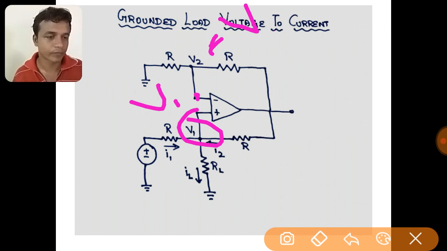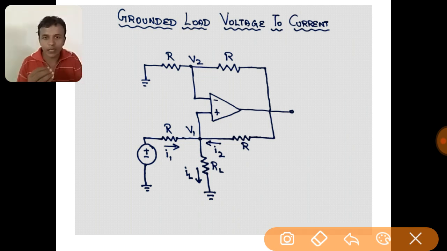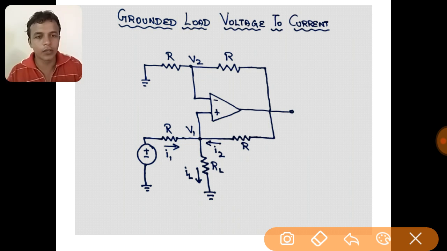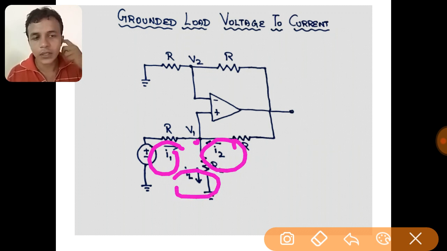We know that at a particular node, at a particular junction, the sum of incoming currents is equal to the sum of outgoing currents. So we shall talk about this node. Here the incoming currents are I1 and I2 and the outgoing current is IL. Due to the voltage, does any current pass through this branch?